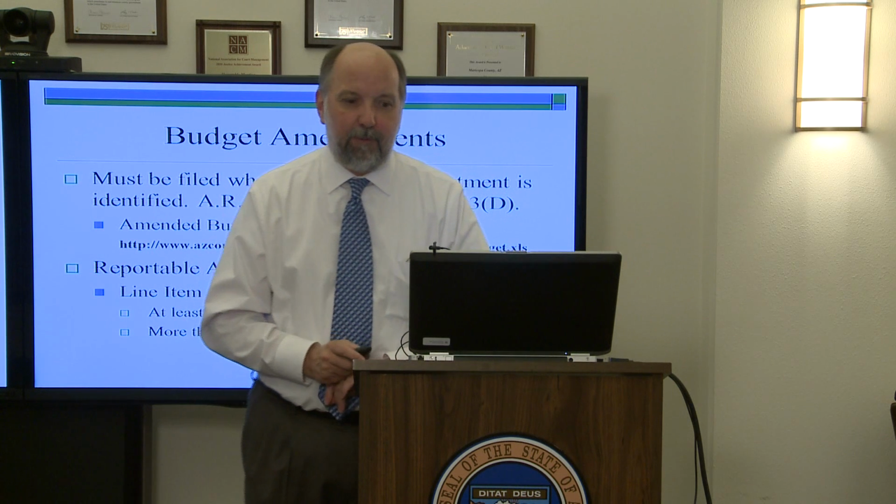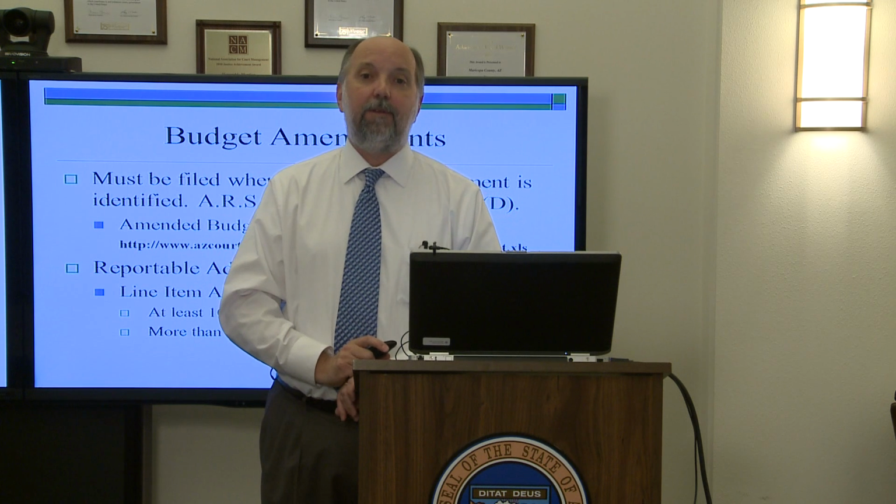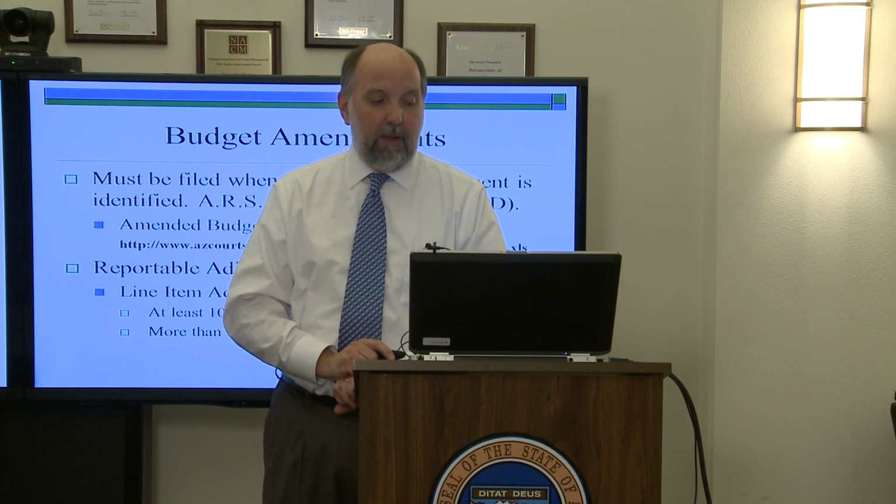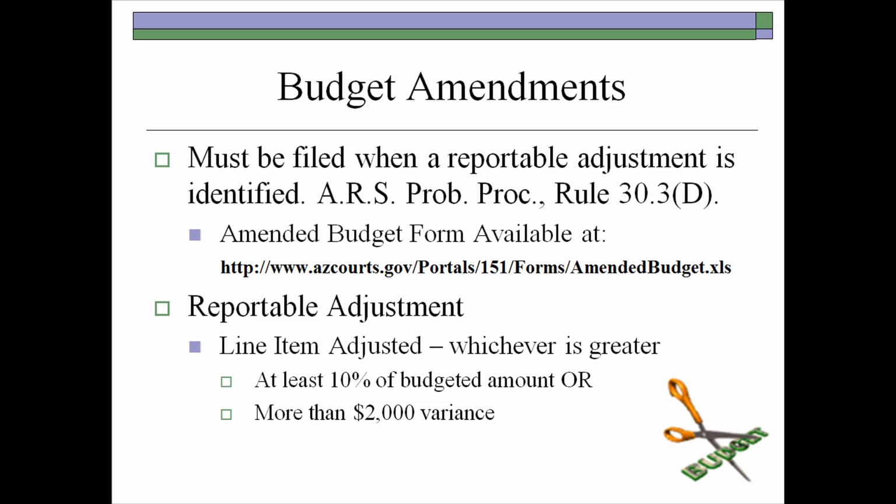After you've filed your initial budget, you may find a time where you need to file an amendment to the budget. Amendment occurs when there is what we call a reportable adjustment, as referenced in Rule 30.3(D). A reportable adjustment is when a particular line of the budget needs to be changed by at least 10% of the budgeted amount or more than $2,000, whichever is greater.